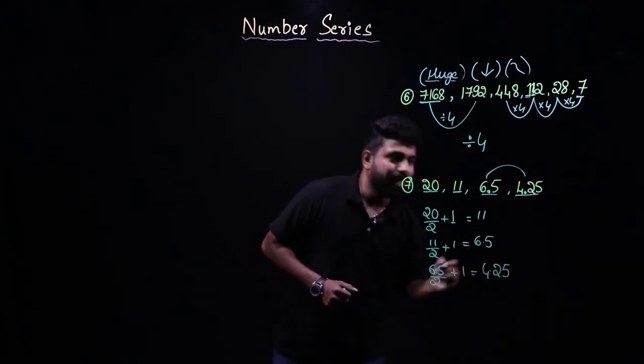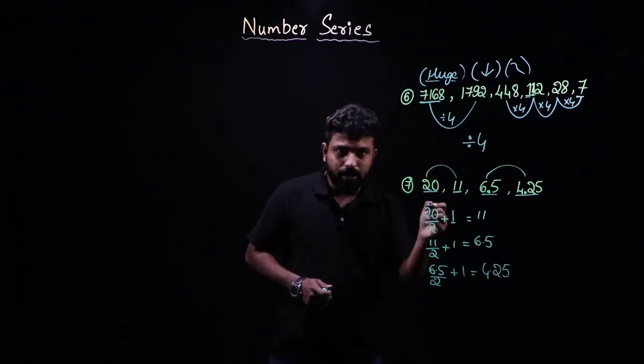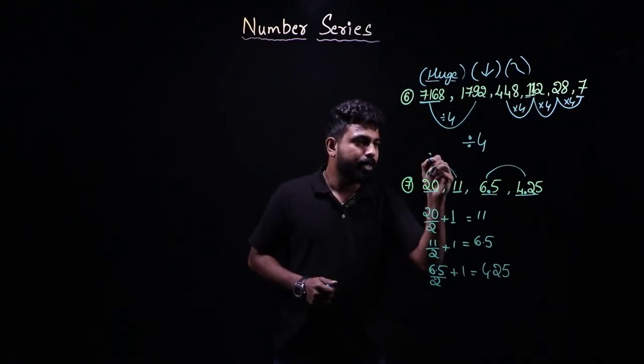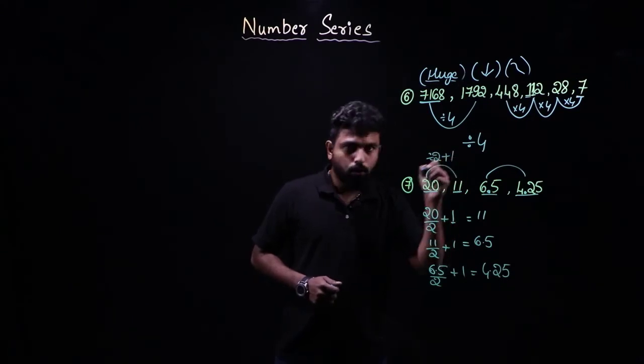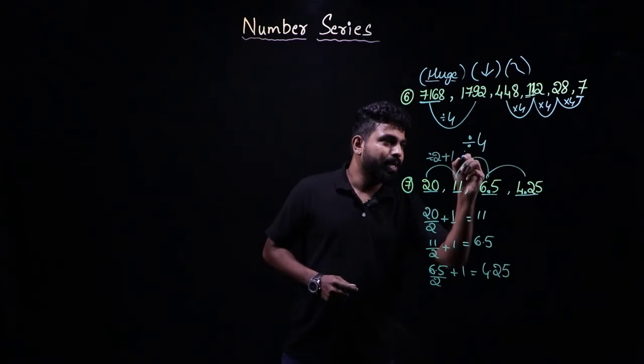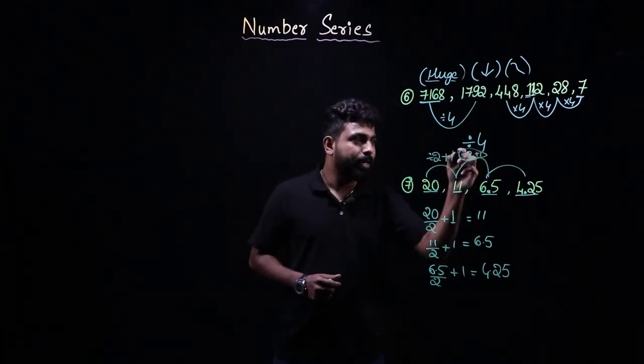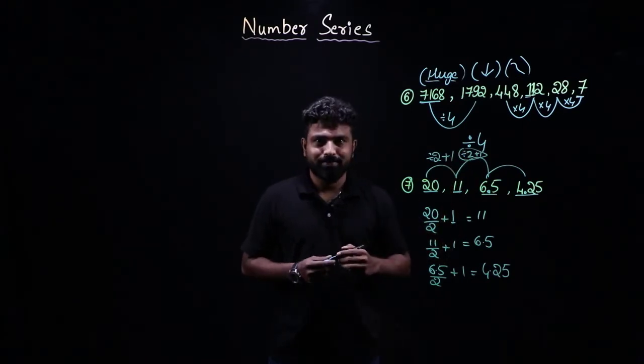So my logic is working here. So what's my logic here? To get the second term, I need to divide the first term by 2 and add 1 to it. So the same logic works here as well. Hence my logic here is divided by 2 plus 1.